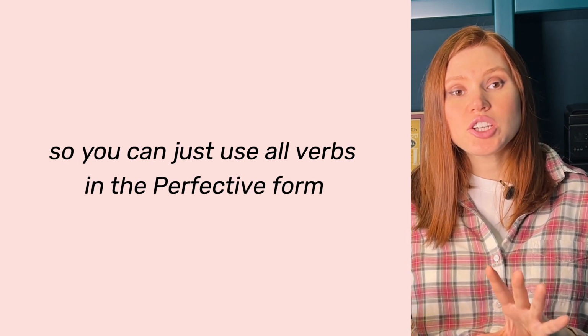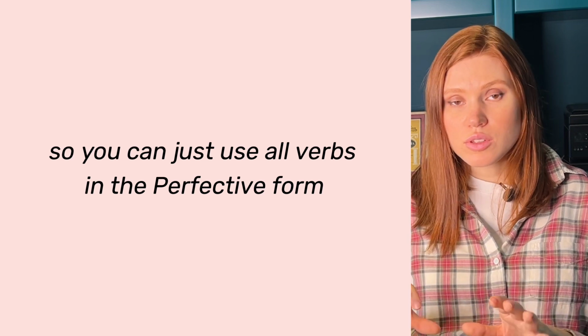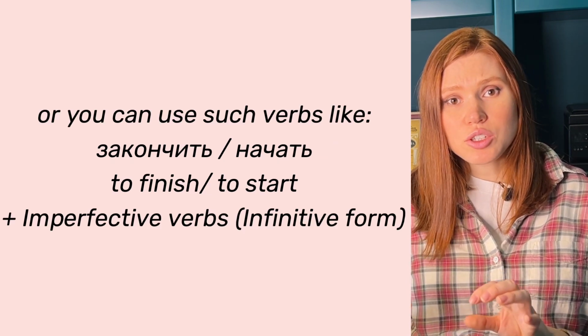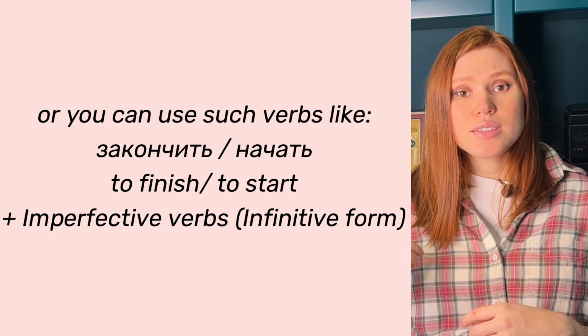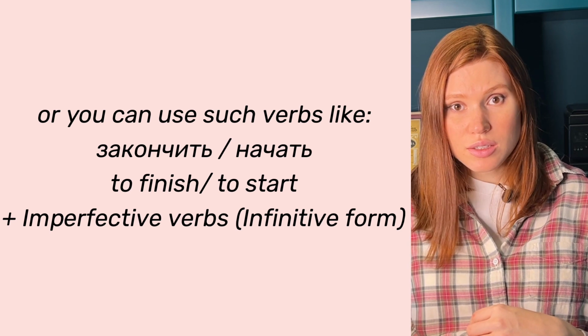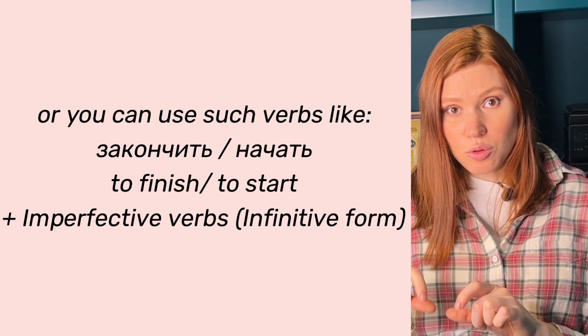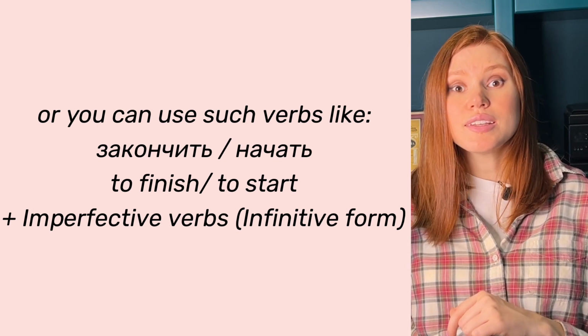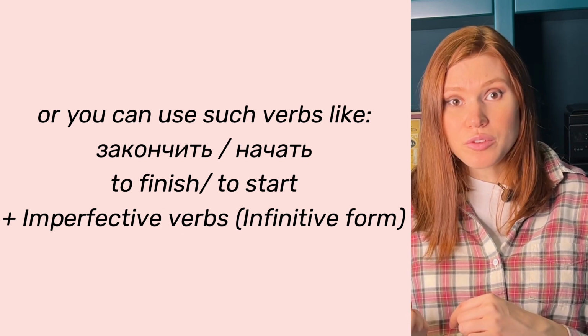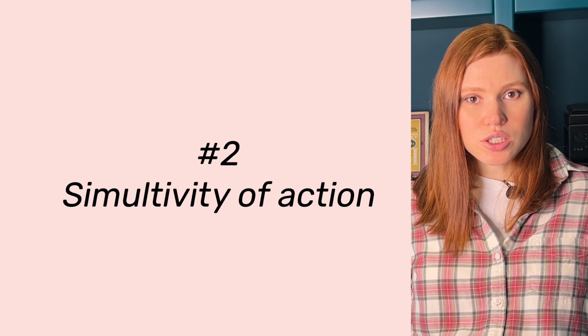So you can just use all perfective, or you can use such verbs like закончить, начать, to finish, to start. And after these verbs, you need to use the infinitive form of the verb in the form of imperfective. Simultaneity of action.